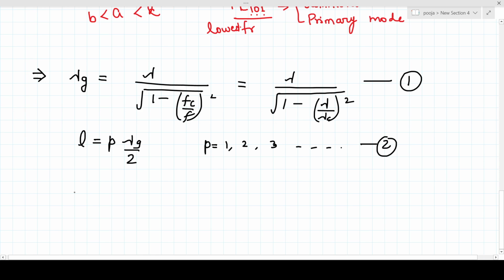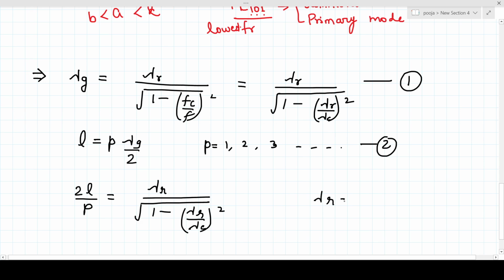Since this whole discussion is for the rectangular cavity where we are defining the resonant mode, we make lambda equal to lambda r, representing the resonant wavelength. We get lambda g equal to 2L by p equal to lambda r divided by under root 1 minus lambda r by lambda c whole square, where lambda r is the resonant wavelength.